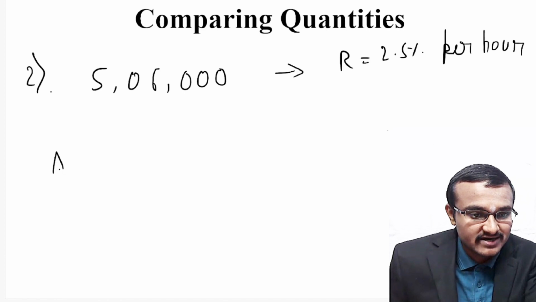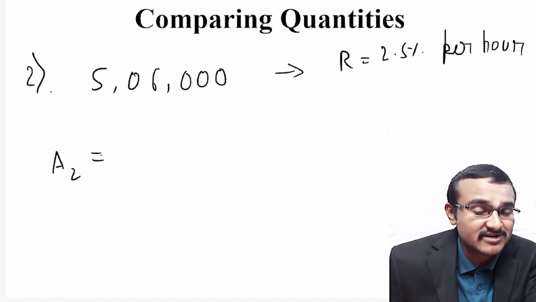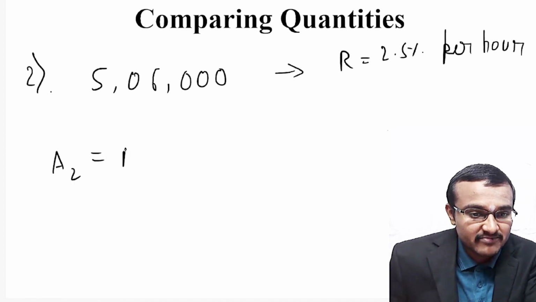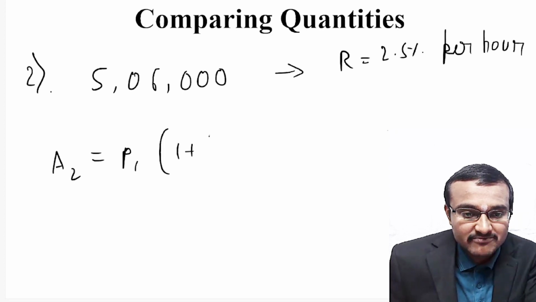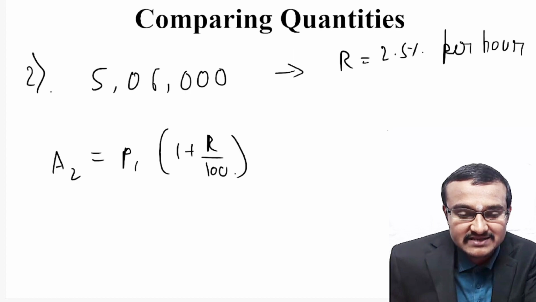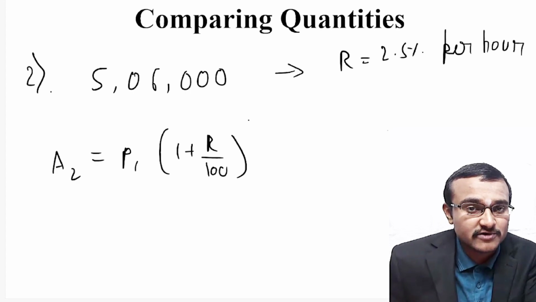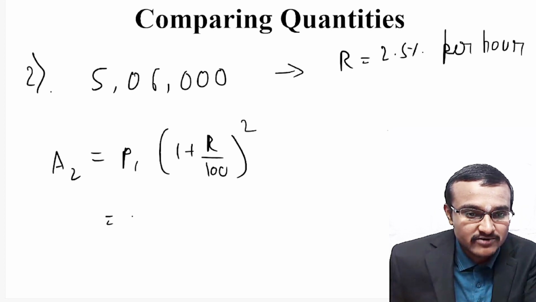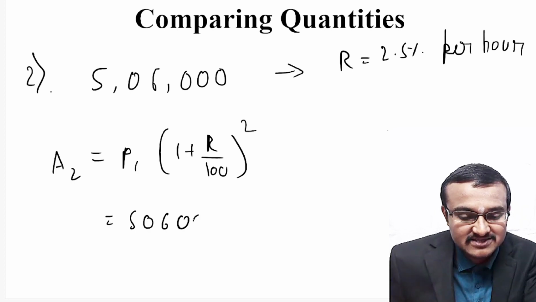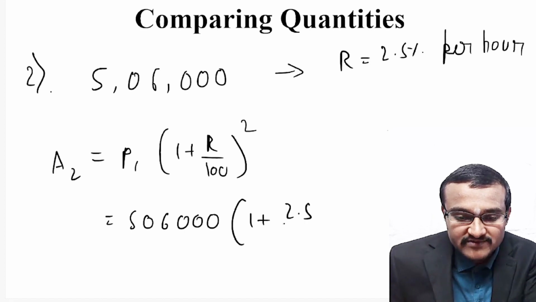So here you should calculate A2, that is after 2 hours, where the initial bacteria count is taken as P1, into (1 plus R by 100), where R is the rate of growth of bacteria per hour, power 2. So after 2 hours it will be 5,06,000 into (1 plus 2.5 divided by 100) whole power 2.